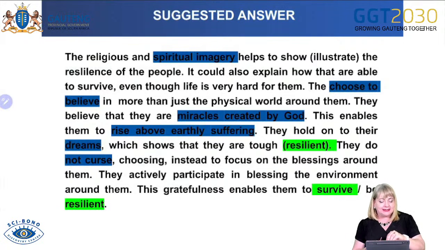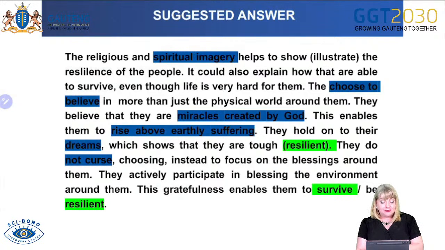Let's have a look at an example. The religious and spiritual imagery helps to show or illustrate the resilience of the people. It could also explain that they are able to survive even though life is very hard for them. They choose to believe in more than just the physical world around them. They believe that they are miracles created by God, and this enables them to rise above earthly suffering.